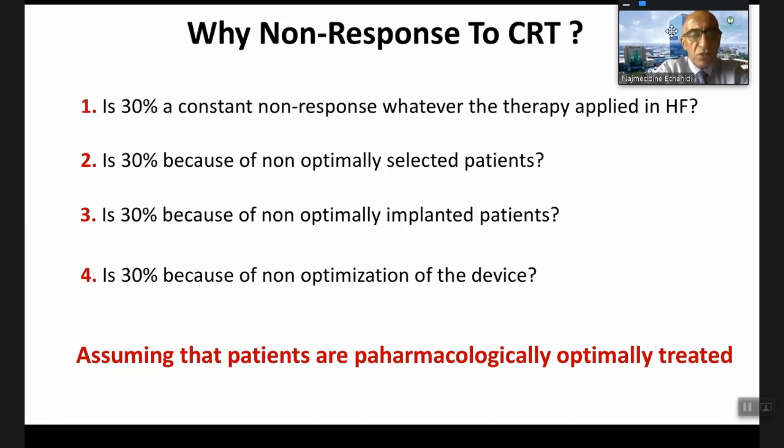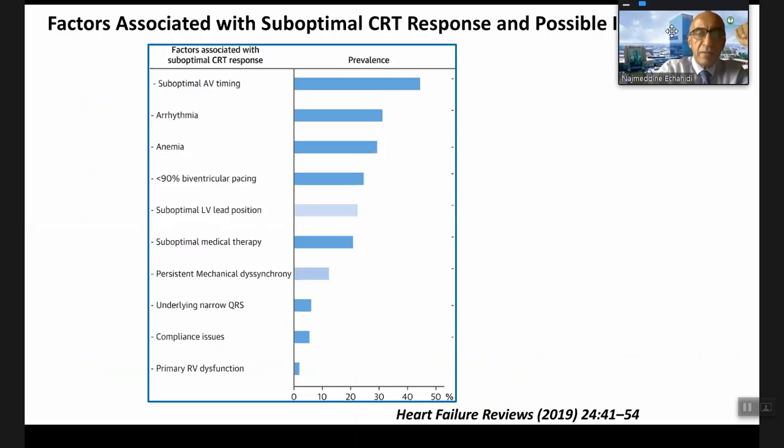We'll try to answer this question. Is this 30% because patients are not optimally selected? Is it because they are not optimally implanted, or because they are not benefiting from optimization? Assuming all these questions, we assume that our patients are on optimal medical treatment. I will never insist enough on this part.